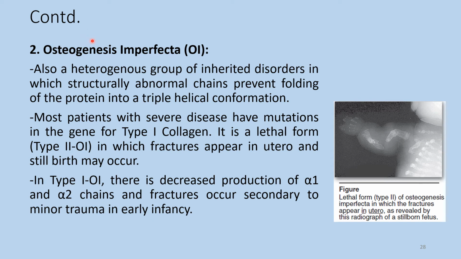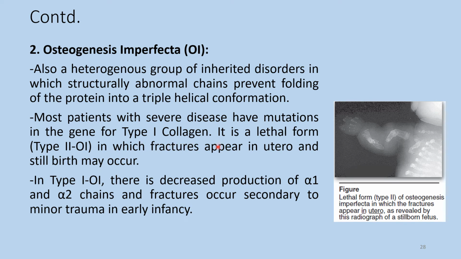In the collagenopathies, the second condition is osteogenesis imperfecta, OI, which is also a syndrome. Structurally abnormal chains prevent folding of the proteins into a triple helical conformation. Most patients with severe disease have a mutation in the gene for type 1 collagen.